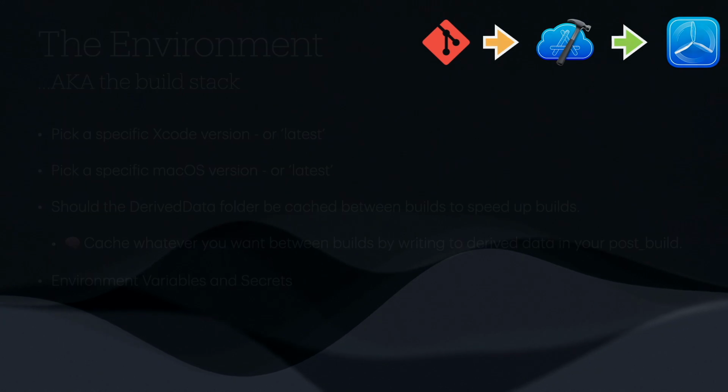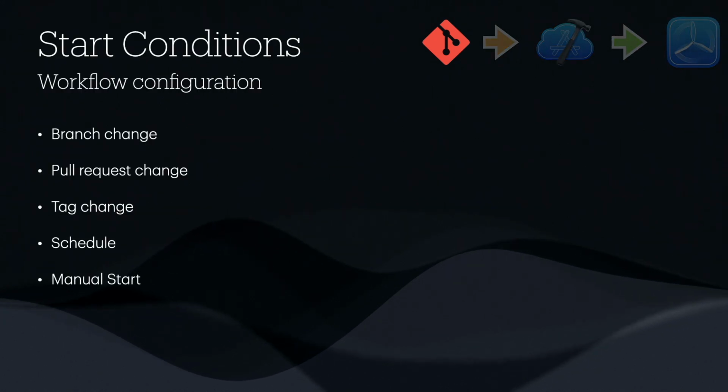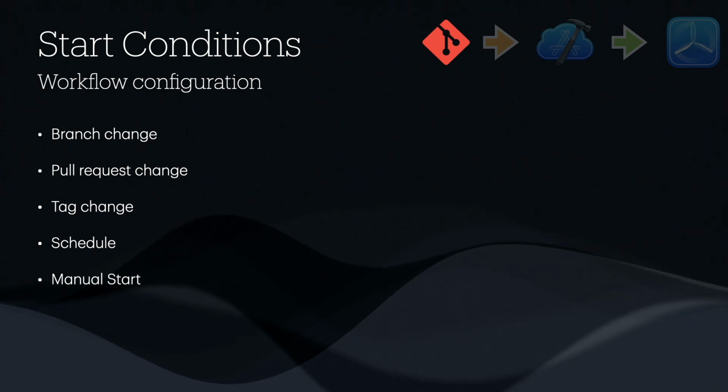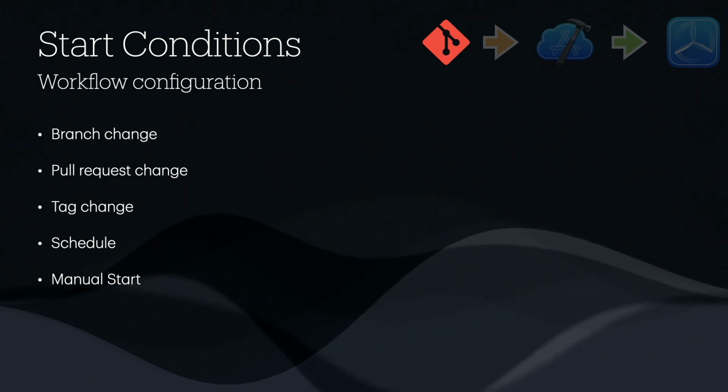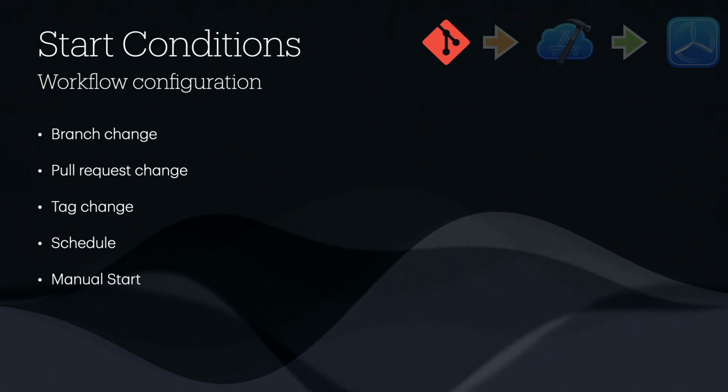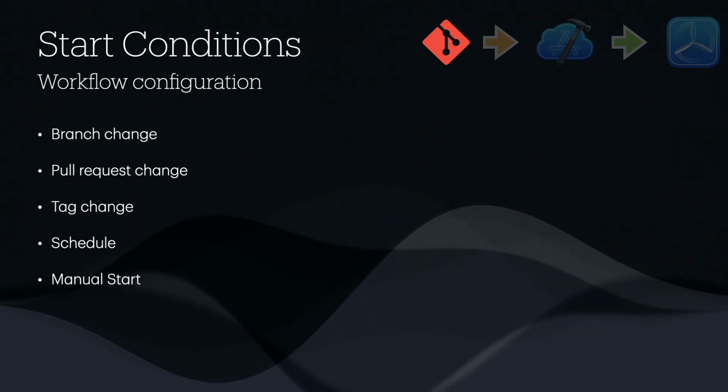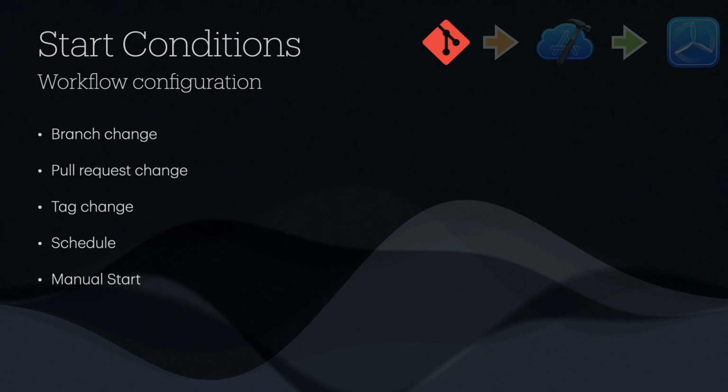Start conditions are pretty much the same as any other CI/CD. You can do it on branch change, pull request, tag change, schedule, or even manually start it. I can't think of any other way you'd want to schedule it or start it. So yeah, not much more to say about that.